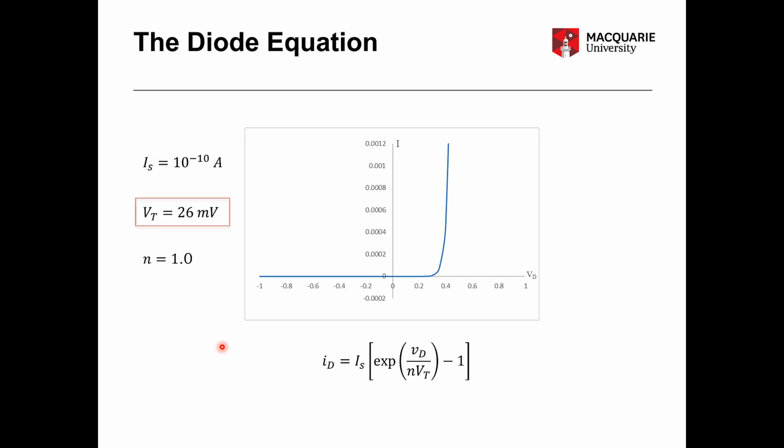So next, let's take a look at Vt. What does Vt mean? Vt is the thermal voltage. At room temperature, this is often taken to be 26 millivolts, and sometimes people will use 25 millivolts as well. And the value of Vt actually comes from another, quite simple equation, which is kT divided by q.